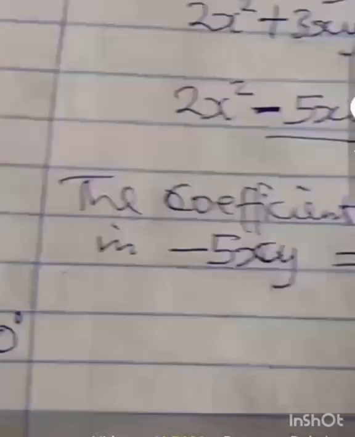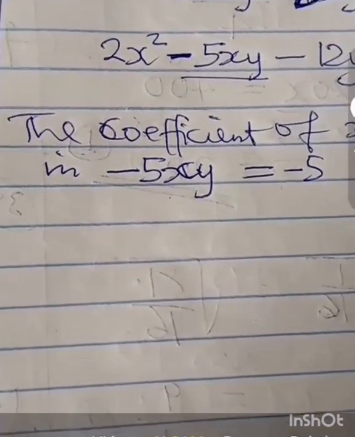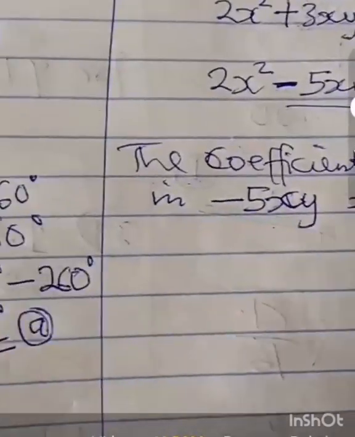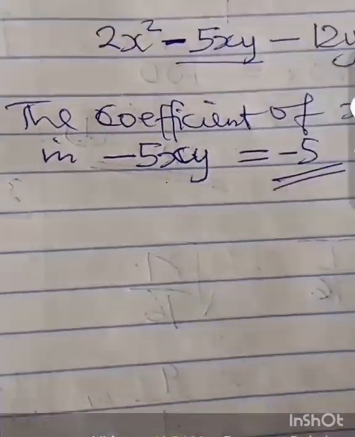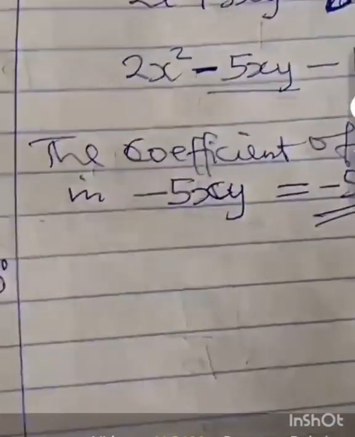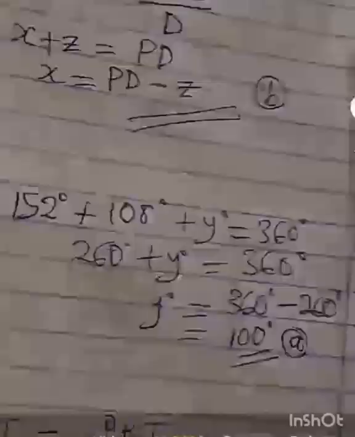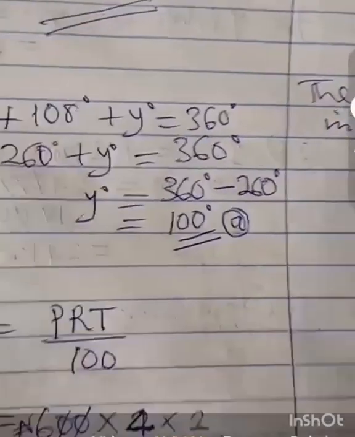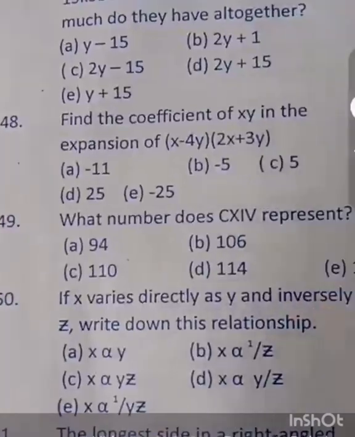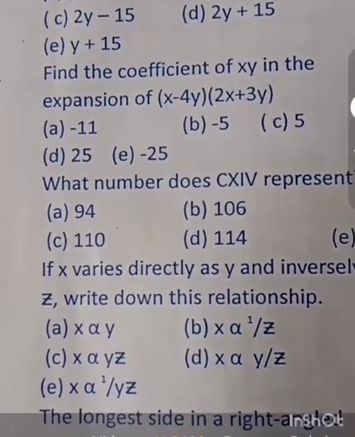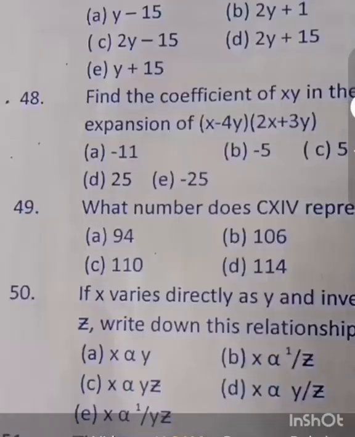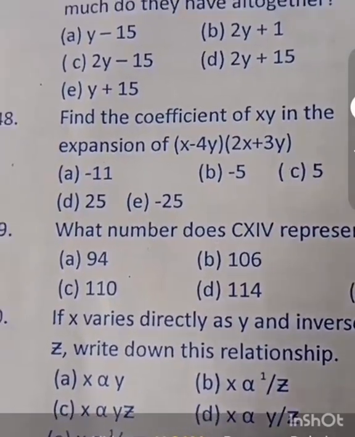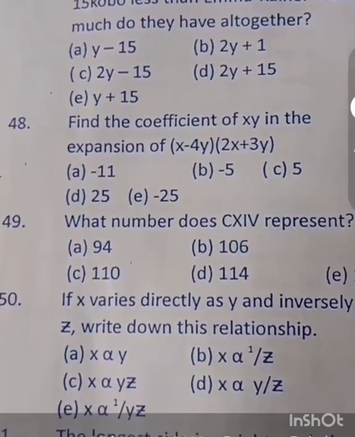So it's always at the back. So the coefficient is minus 5, not minus 15, minus 5. So that is question number 48. If you check the solution to question number 48, the correct answer is B.